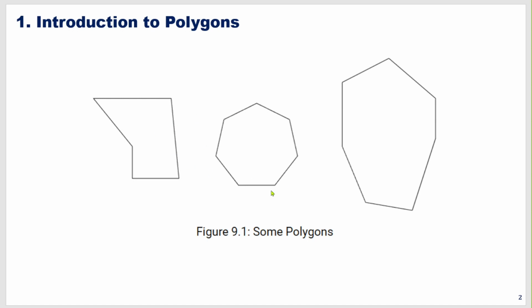As shown here, figure 9.1, there are several different polygons, which are closed planar figures with line segments as boundaries.